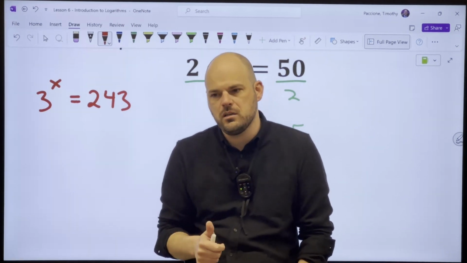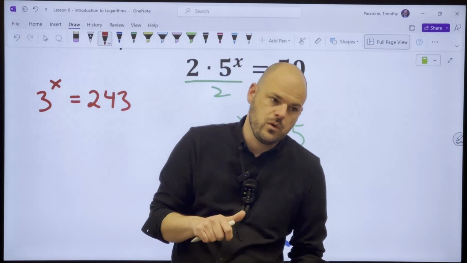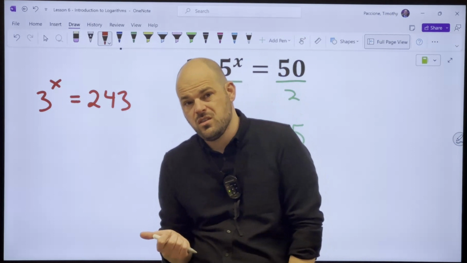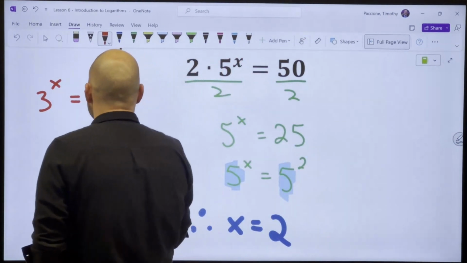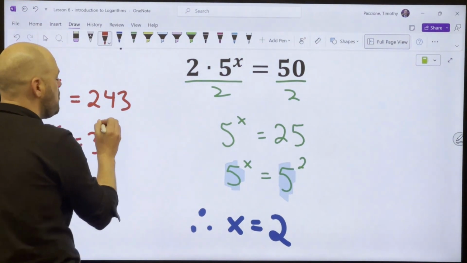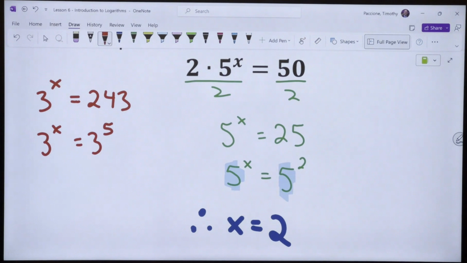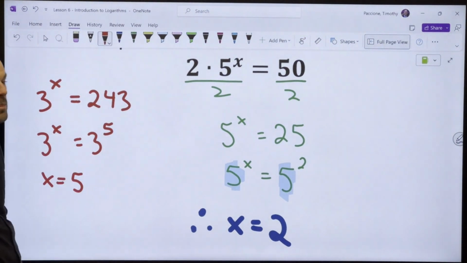Because you pick up your calculator, you start going, I don't know, 3 to the 3rd. No, 3 to the 4th, 3 to the 5th. I don't know, 3 to the 5th? Yeah, 3 to the 5th. So 3 to the x equals 3 to the 5th. Took a little bit more thinking and trial and error, but we still got there. We know x equals 5, right?